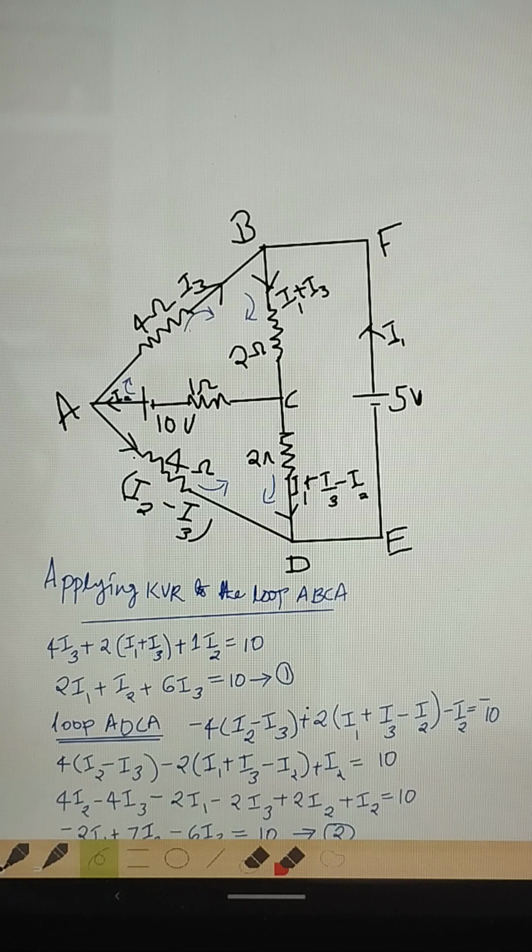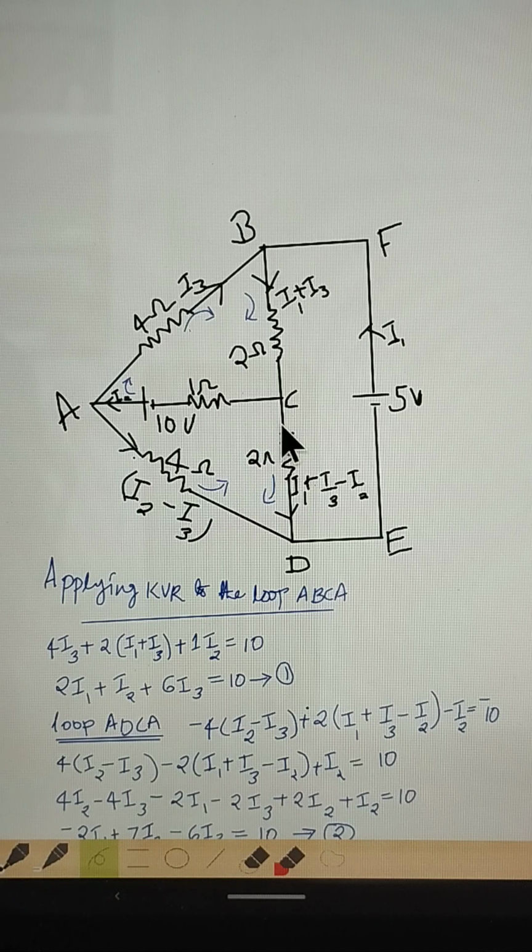Now the lower loop, this 10 volt cell. We know this is the direction of current, and from this 10 volt cell, the direction of current through 1 ohm is downward in this way. The potentials created due to current in the same direction have to be taken as positive. So here 1 into I2 plus 4 into I2 minus I3.